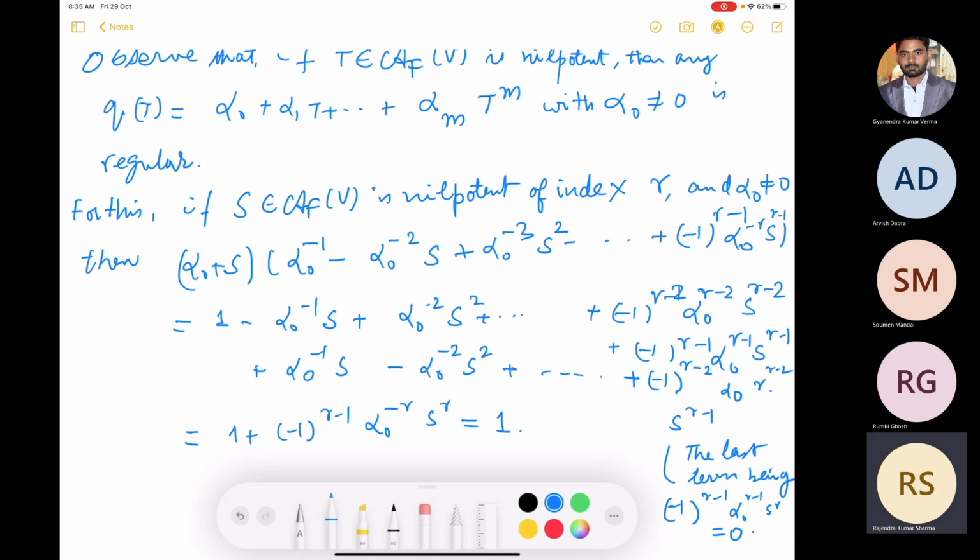Therefore, this becomes simply 1. Here 1 means the identity linear transformation. So that makes alpha_0 plus S invertible. This is regular. This is invertible, and its inverse is also clearly a polynomial.